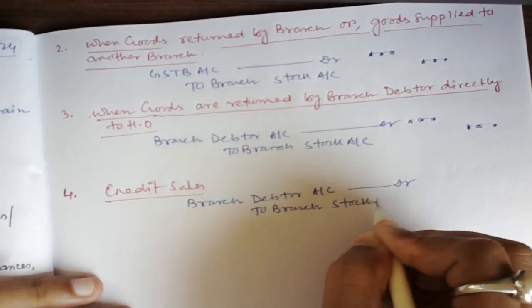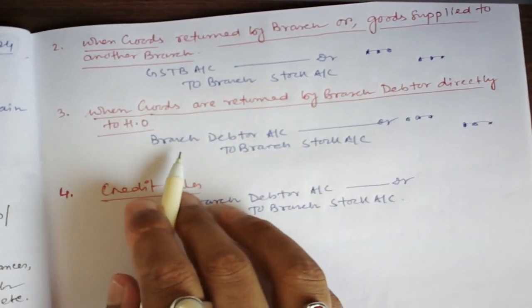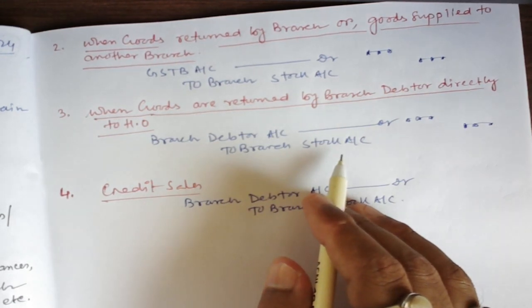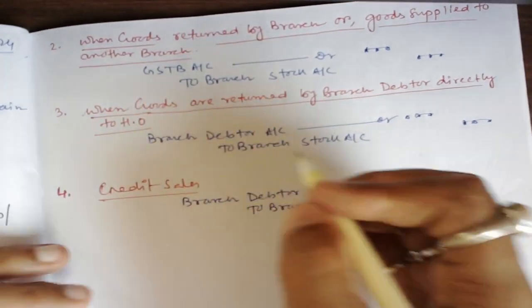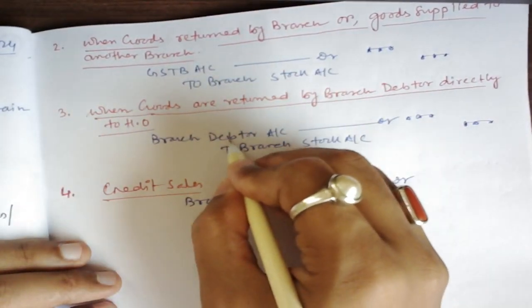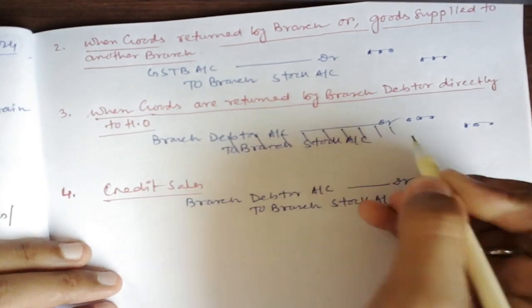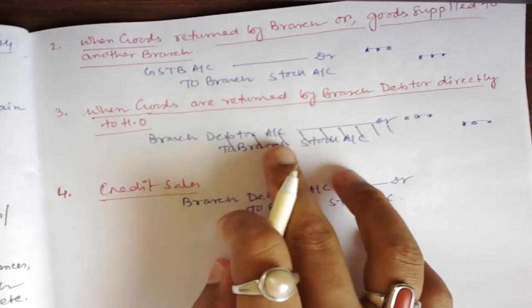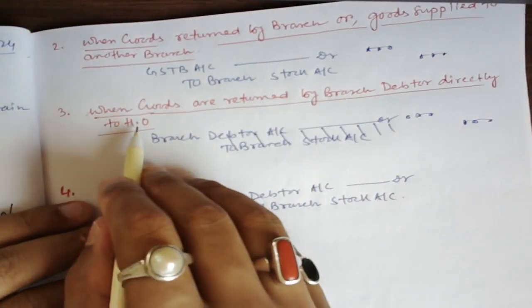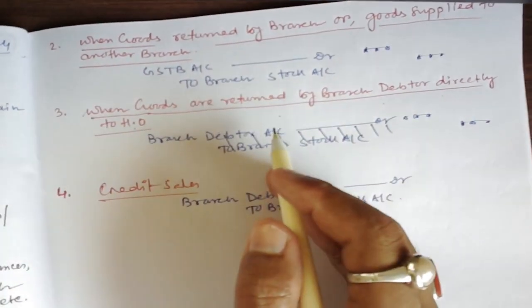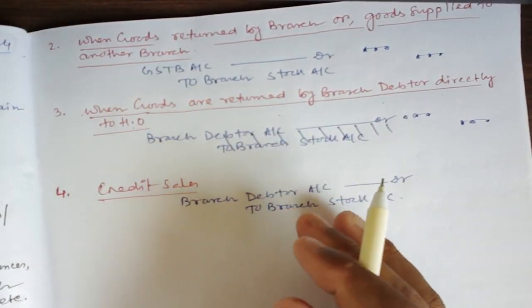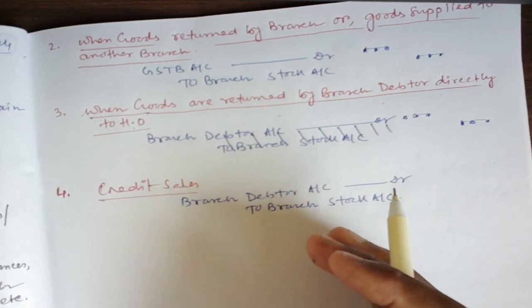Achha guys, one more thing. Here we have written branch debtor account debit to branch stock. This is the incorrect entry I made. Okay, I just made an incorrect entry here. So the right entry will be: when goods are returned by the branch debtor directly to HO, it means debtor reduces.